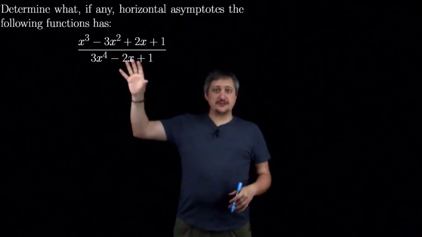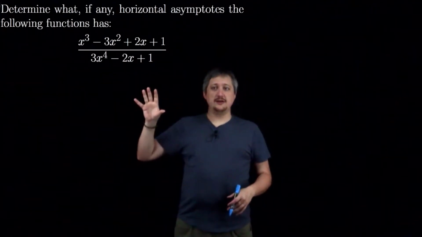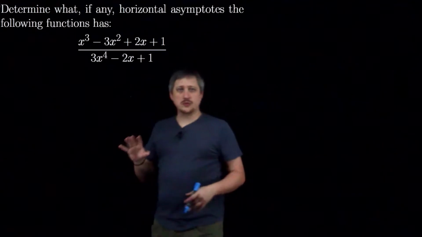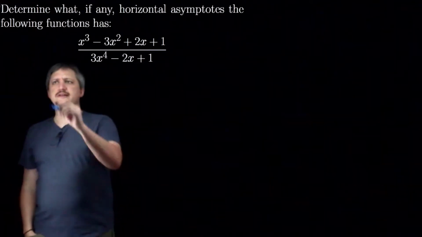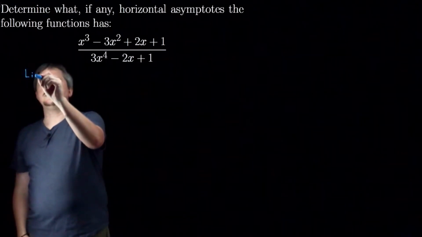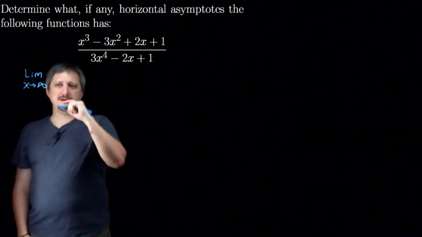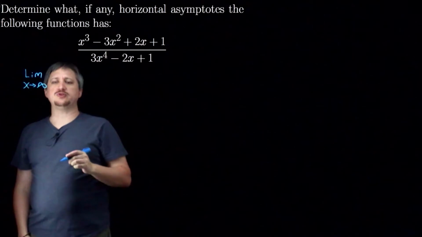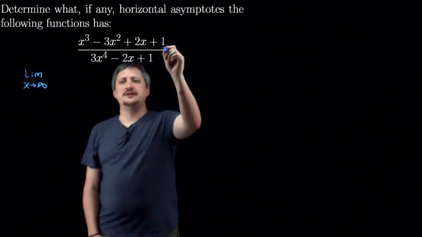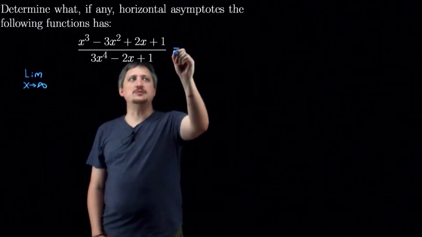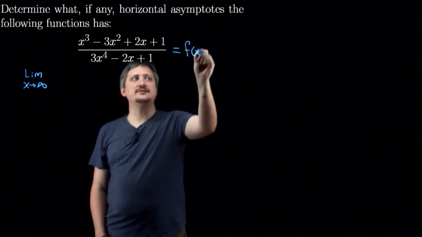So for this problem, when we want to look at horizontal asymptotes, what we're really wanting to know is the limit as x goes to infinity of this thing, which for the sake of general ease I'm going to call f of x.